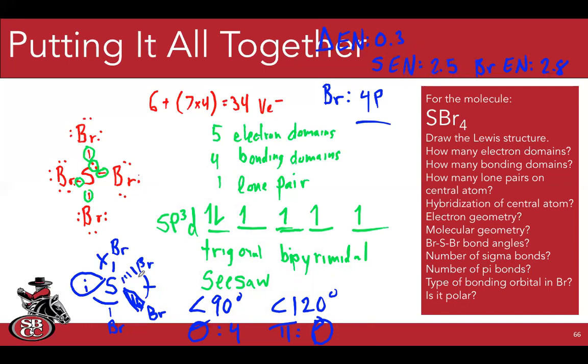But because it's a seesaw shape, we have these dipoles. They're all going from the sulfur to the bromine. And the overall vector is going to look like this in the molecule, making it, in fact, yes, a polar molecule.